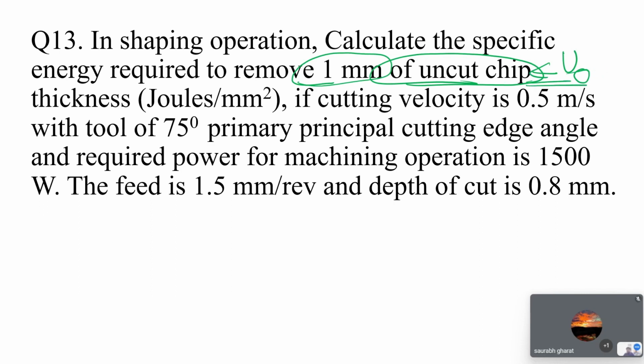So it is exactly the same, but in this case you have VC given to you. What properties you have, you could check. You have VC equal to 0.5 meter per second. You have your gamma s equal to 75 degree.